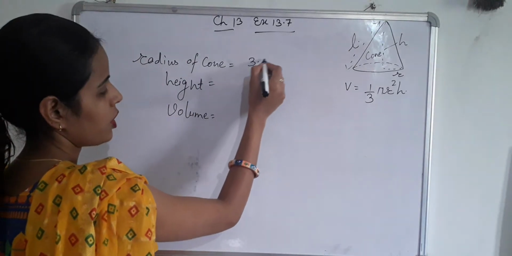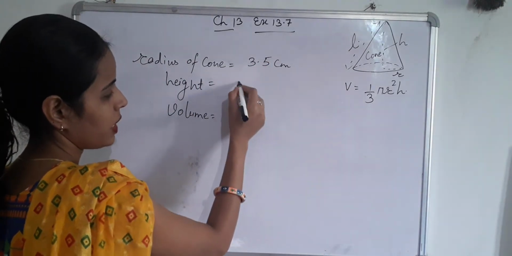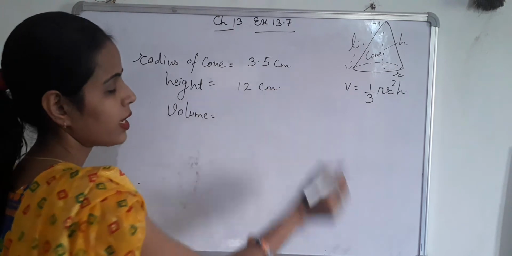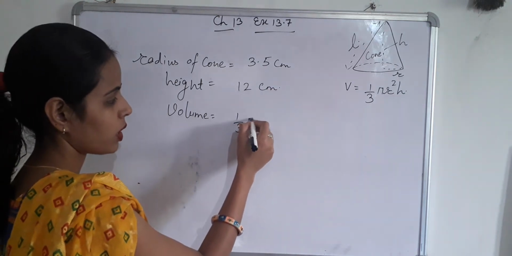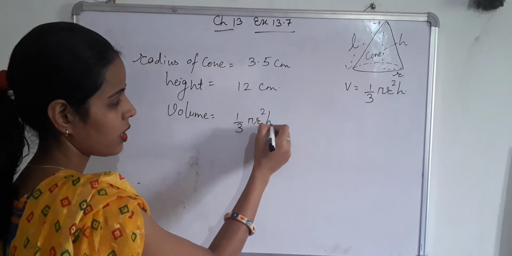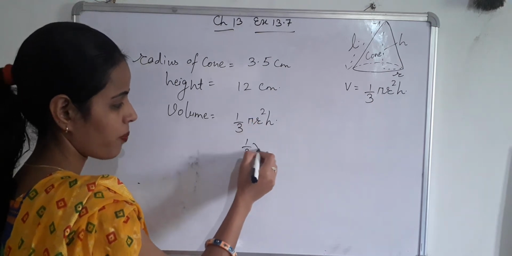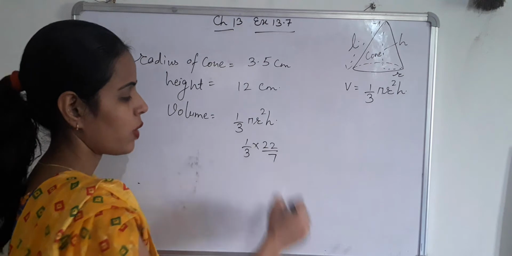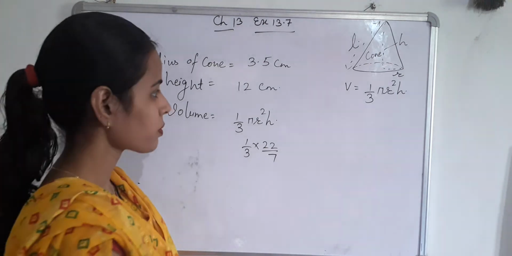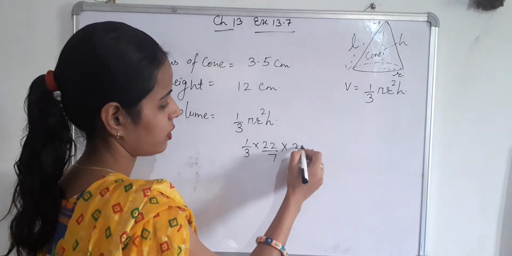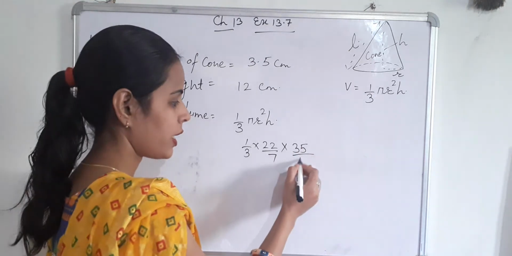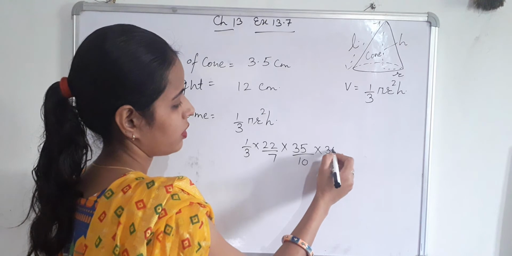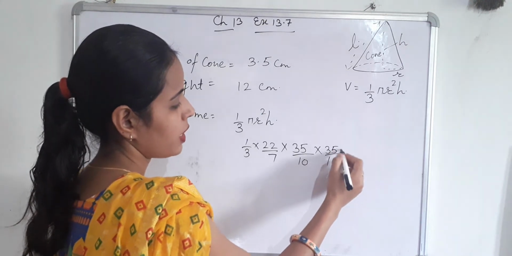Then volume of cone is 1 upon 3 pi r square h. 1 upon 3 pi is 22 by 7, r square, 3.5. Decimal is removed by 10. Square means 2 times multiply.